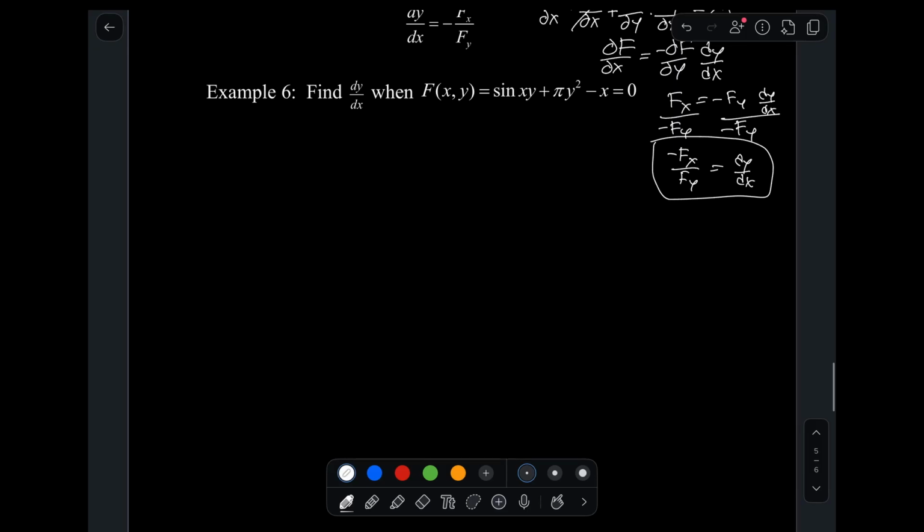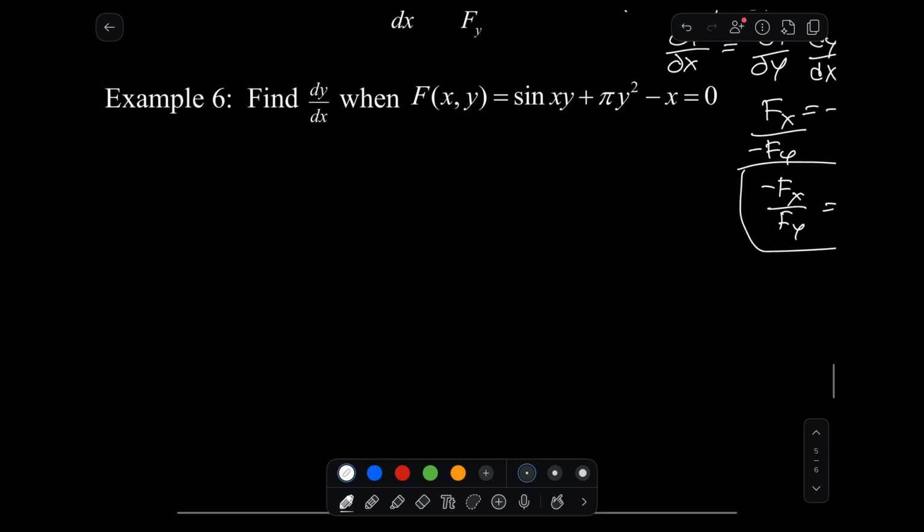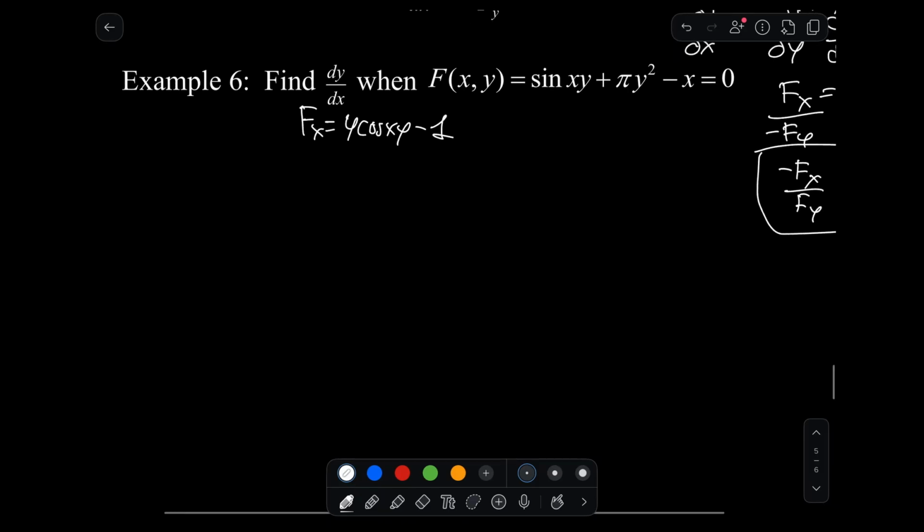And we're going to actually use that in example 6 right here. So if we want to solve for dy dx when f of x comma y equals sine xy plus pi y squared minus x. So we'll just do f sub x equals y cosine xy minus 1.